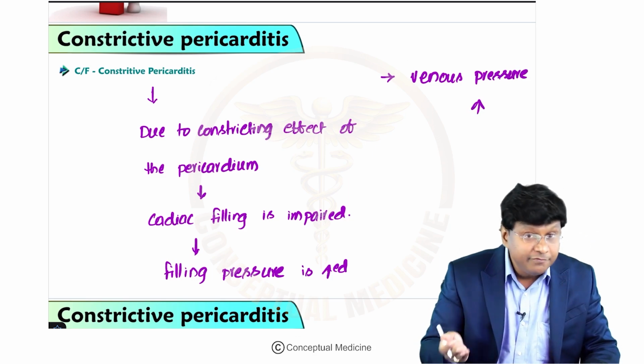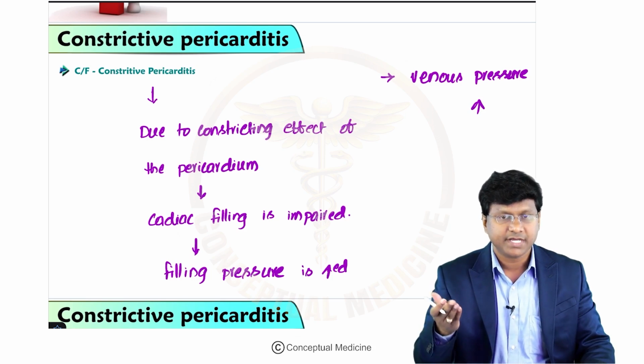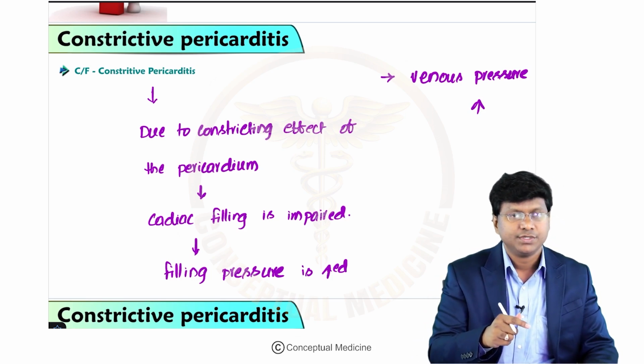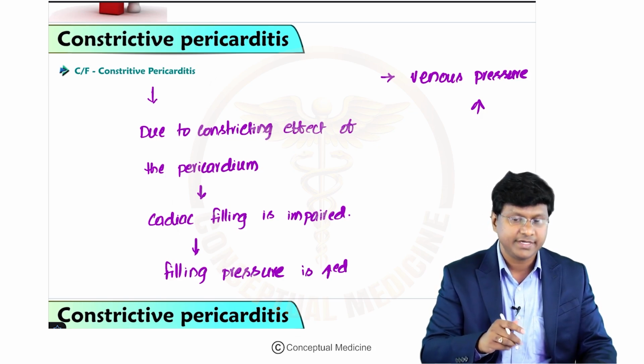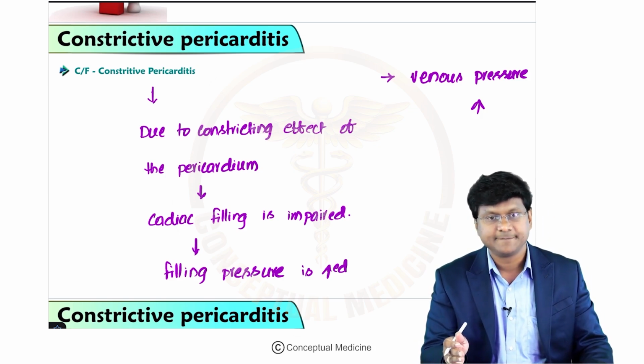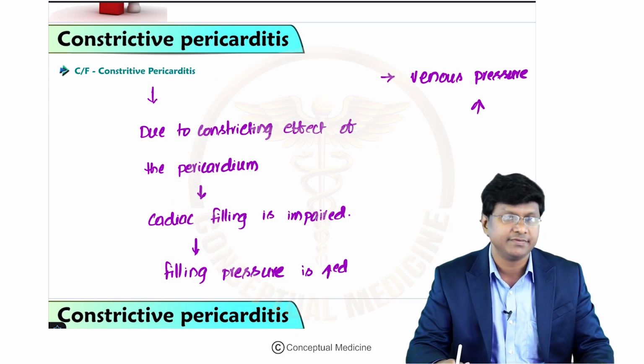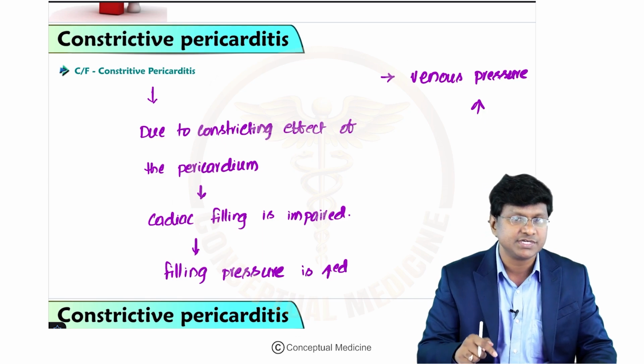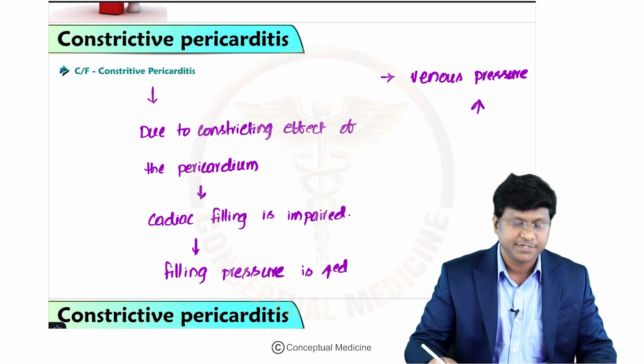Even the venous pressure is increased, because both the right atrial venous pressure, that is your IVC and SVC pressure, will be elevated, and at the same time the left side, that is pulmonary venous pressure, is also elevated. So the signs and symptoms of constrictive pericarditis result due to the increase in venous pressure.